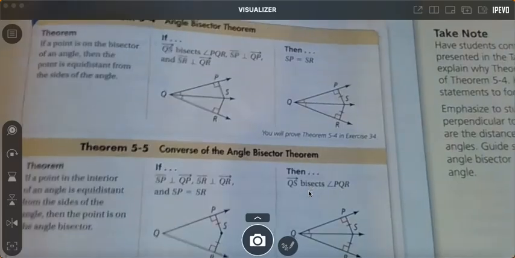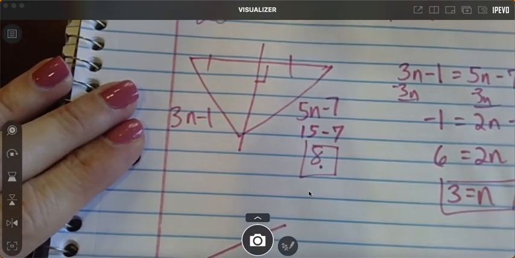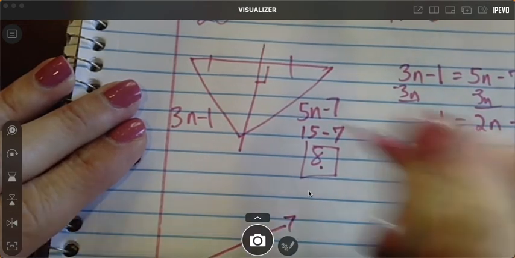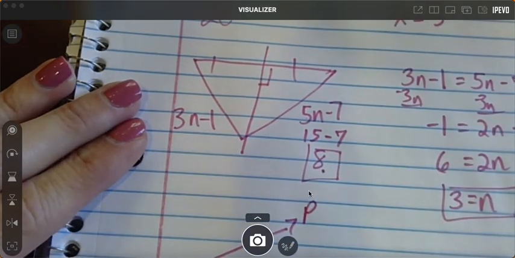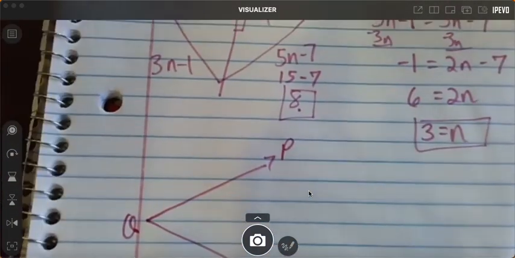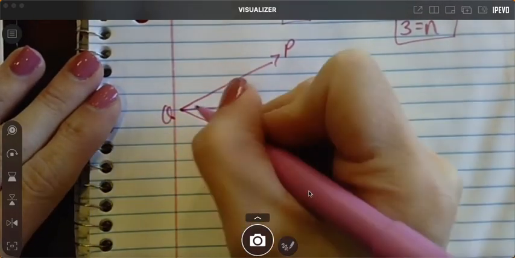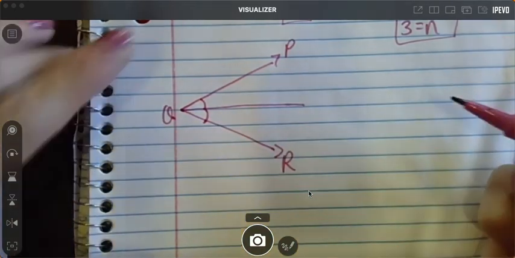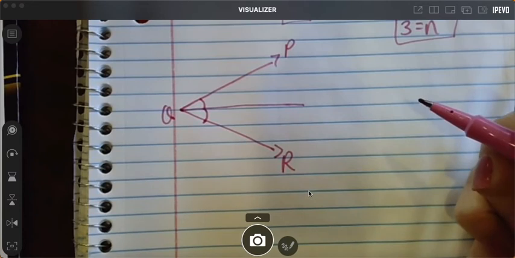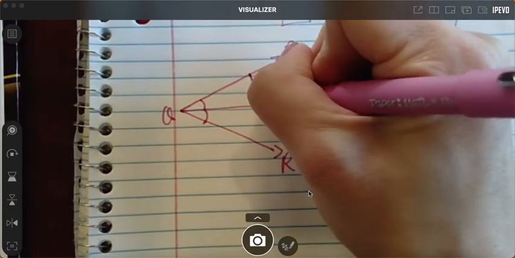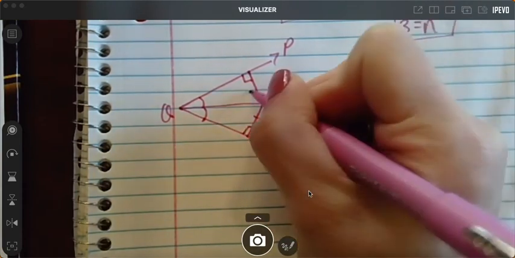All right, so let me draw the picture step by step so you can see what I'm saying again. If I have this angle, it's Q, P, and R. Now, if I draw this line through it so that it bisects here and here, that means if these two angles are equal, then I can say that if this makes a 90-degree angle, these two pieces are equal.